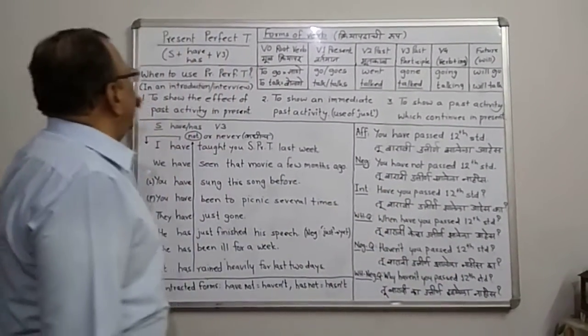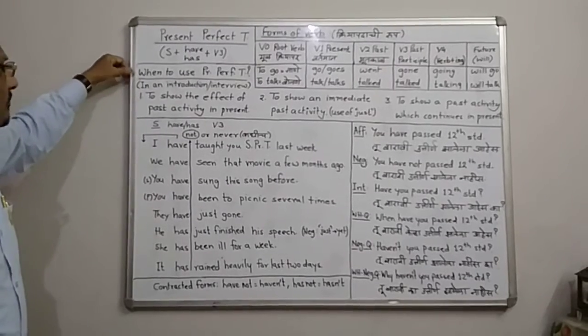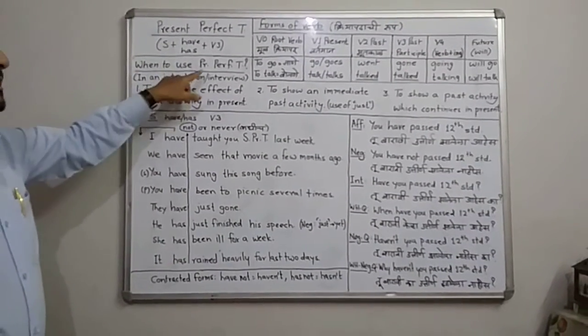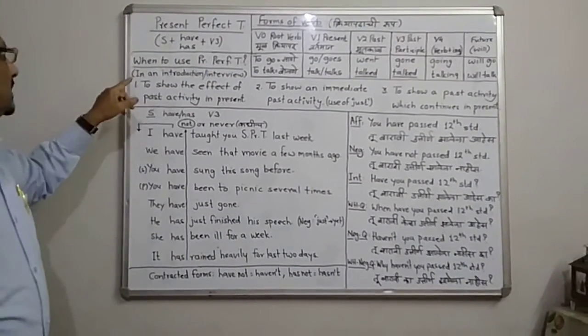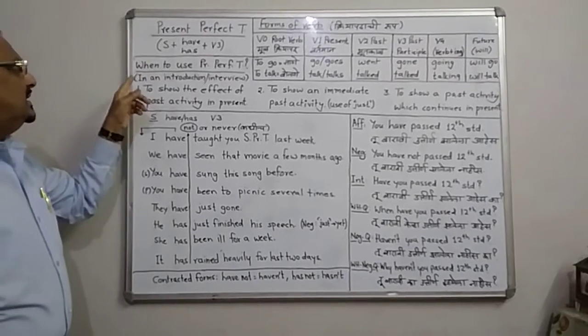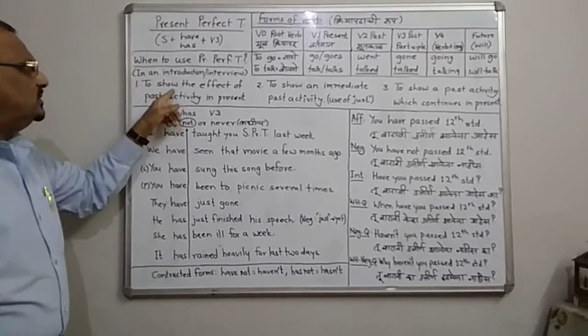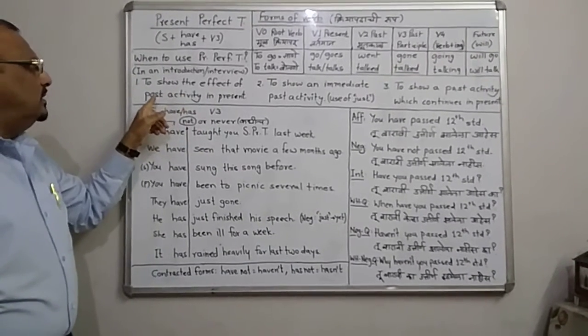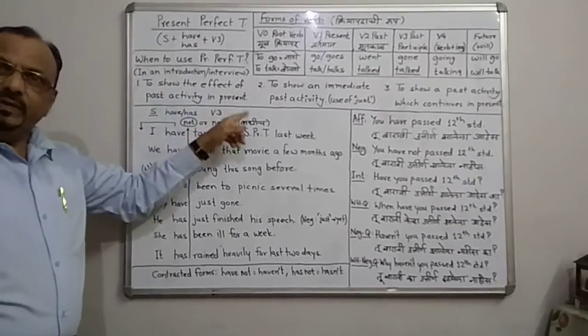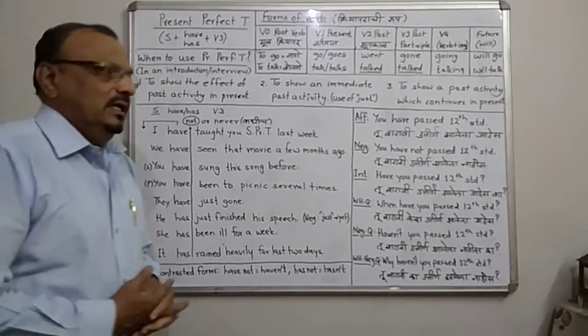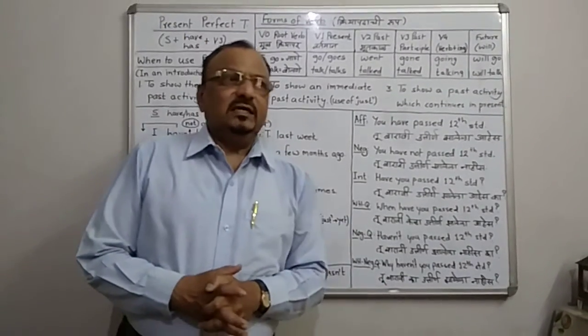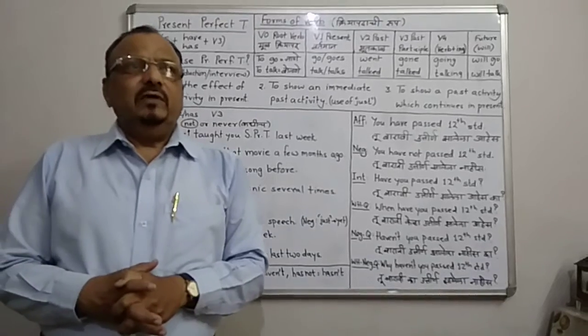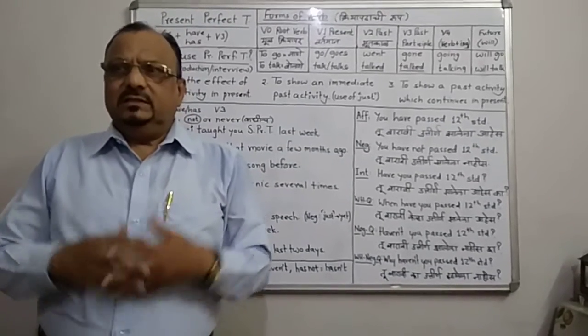Okay. Now when to use present perfect tense? Basically it is used to show the effect of past activity in present. For example, if somebody is a doctor and we ask him, sir, when did you pass MBBS?